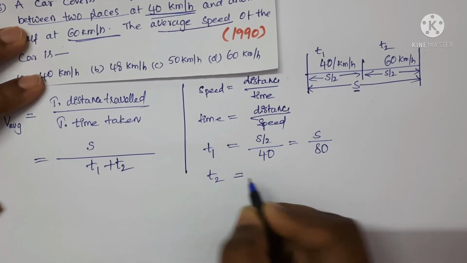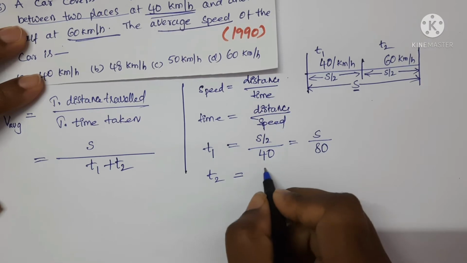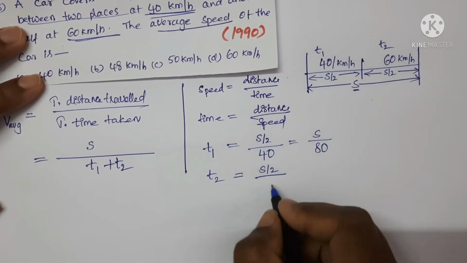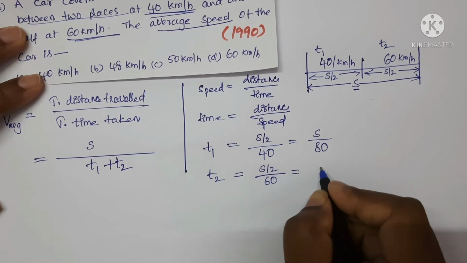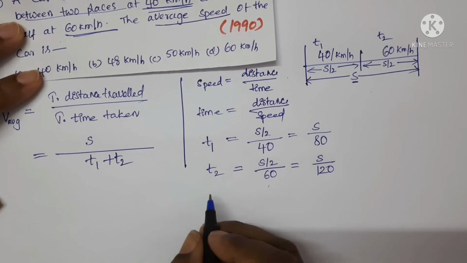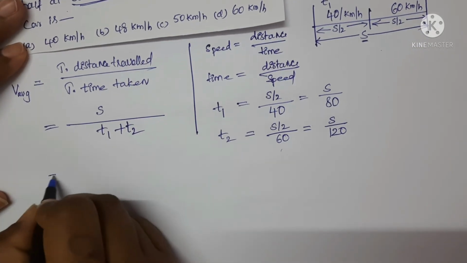Similarly for T2, here the distance is S by 2 and the speed is 60 km per hour, which is equal to S by 2 60s are 120. So we got the values of T1 and T2. Let us substitute here.